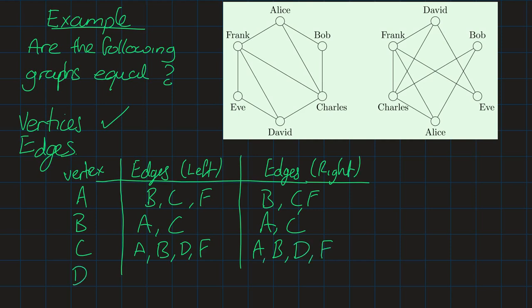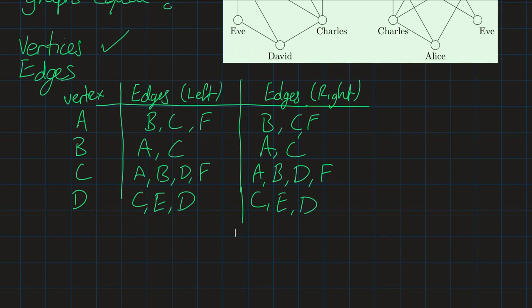D: in the left graph, David is connected to Charles, Eve, and Frank. And in the right graph, David is connected to Charles, Eve, and Frank. I have to scroll down a little bit to make more room.